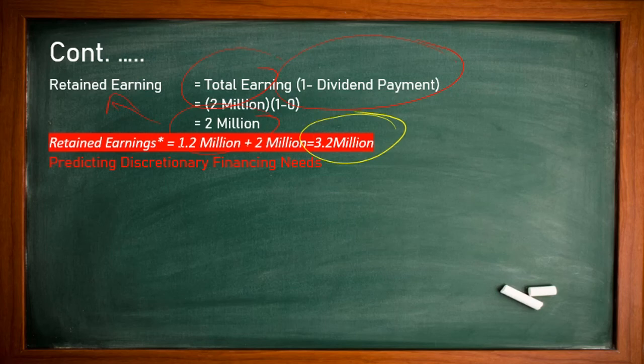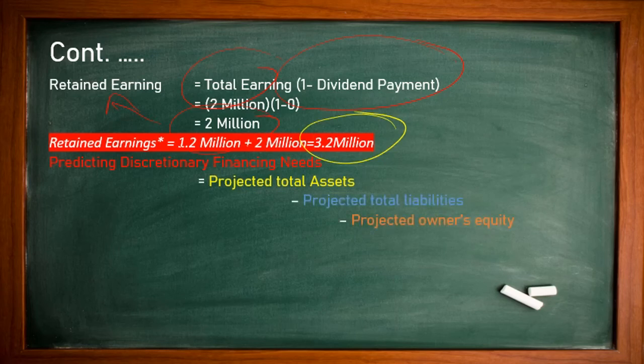Let us see how much financing is required to manage this business. So we'll use the same formula: projected total assets minus projected total liabilities and minus projected owner's equity. What we have is total assets 11,250,000, total liability 5,750,000 and owner's equity is 6 million.